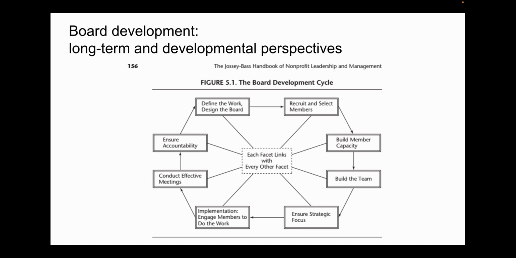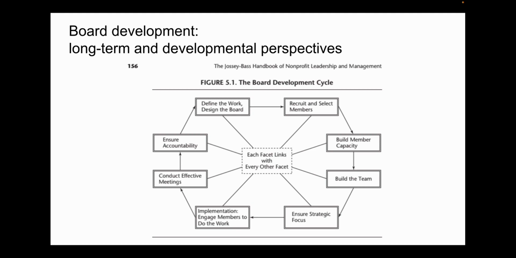You design the board and imagine who you're going to recruit, then you select the members and ask them to join the board, and then you build member capacity, build the team, and really ensure strategic focus, not just day-to-day operations. That should be left to the managerial level. Then implementation: engage members to do the work.